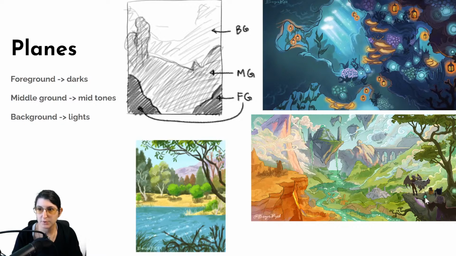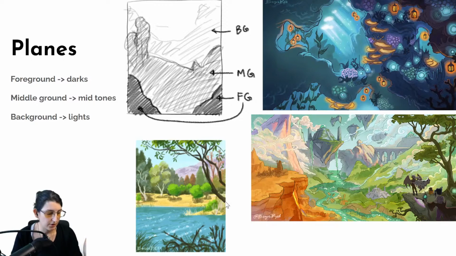There's a few spots where things are glowing, but overall, the set of values used for this tree, for this landmass, and for these characters are darks. Then we go into the midtones for the middle ground, like all this land and everything. And then towards the background, things get really light. The sky and everything is pretty light. And so that helps to create depth.